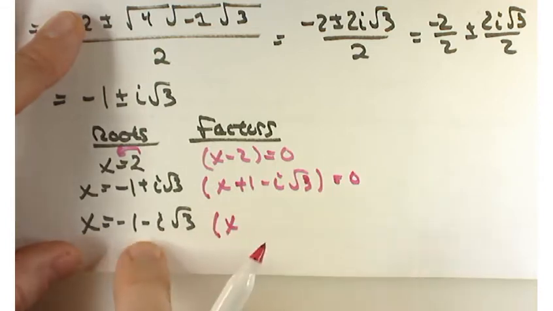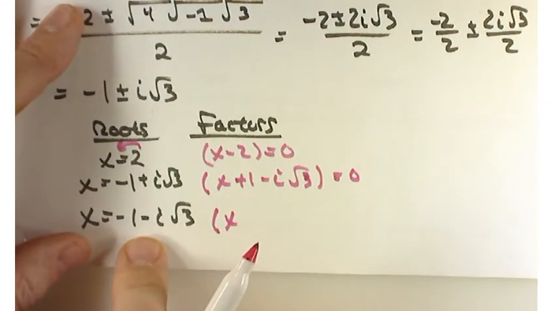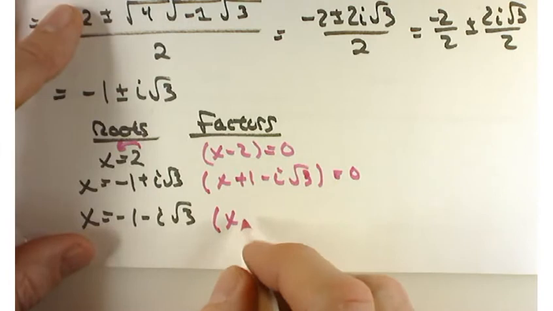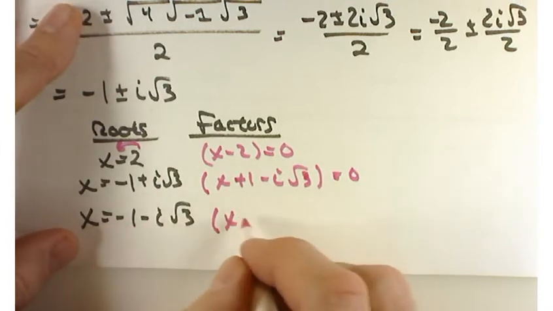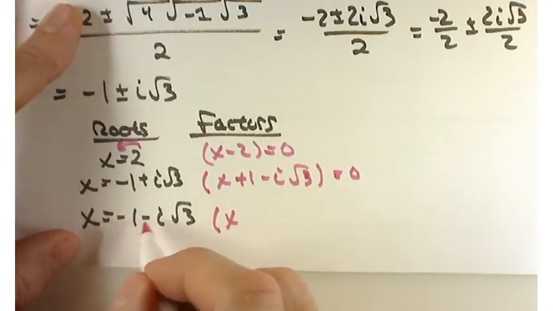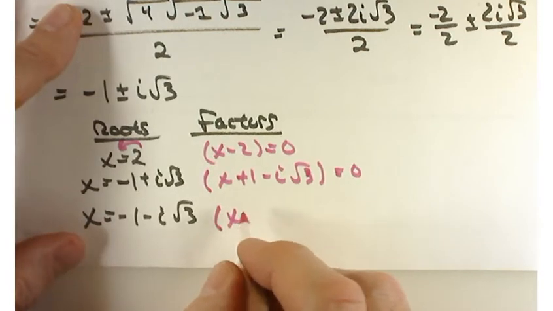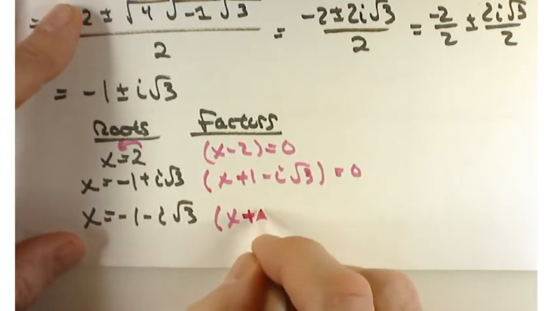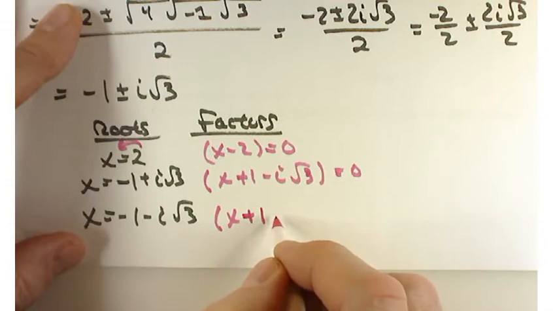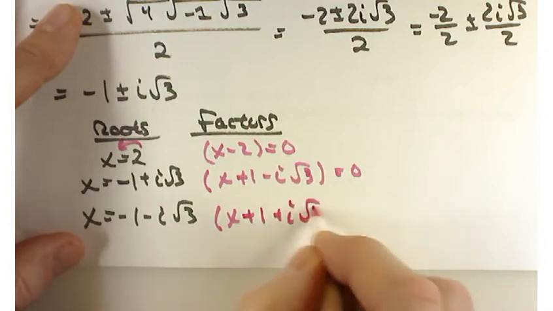How about down here? What's the factor that this is going to correspond to? Move that to the other side, it changes signs. x plus 1 plus i times the square root of 3.